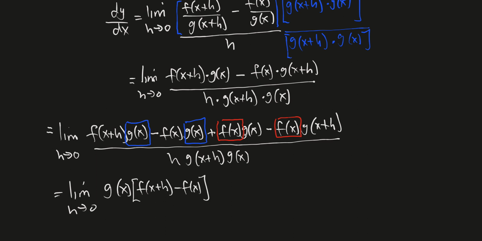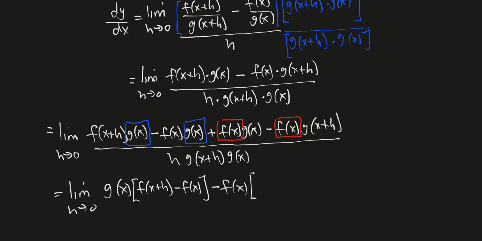Now what I'm going to do is something a little bit different, because I want to see g of x plus h minus g of x. So I want this sign to become positive, and I want this sign to become negative. So what I'm going to factor out, and this is a little bit different than it was in the previous case, is a minus f of x.